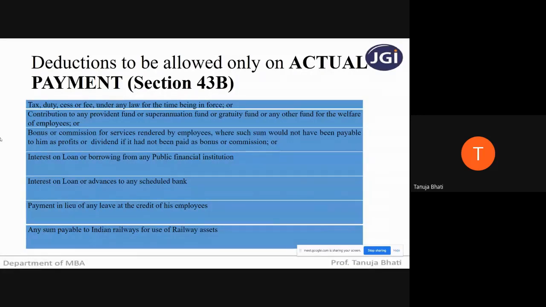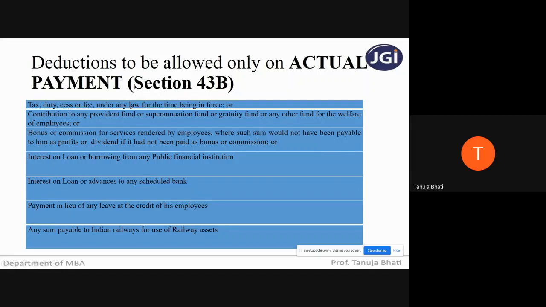So the first one is tax, duty, cess or fee under any law for time being in force. Suppose you're paying any taxes, like TDS tax, TCS tax, or export duty, import duty, any duties or any additional cess.